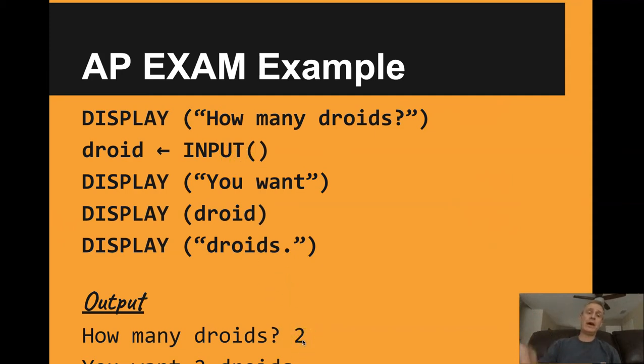Now, when I input, I have to hit enter. So that's why the next time I see any information is on the next line. And then what gets displayed is "you want" with a space, the value of droid, which is 2, and then another space, and then "droids". And so that's how this syntax works for the AP exam.